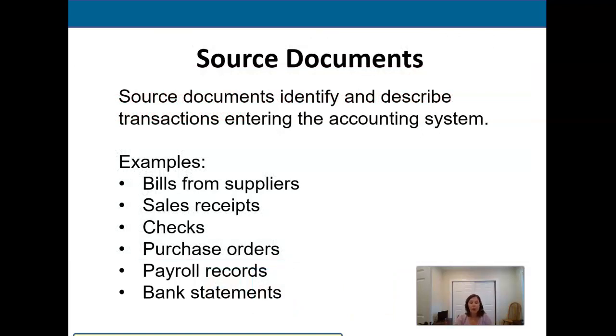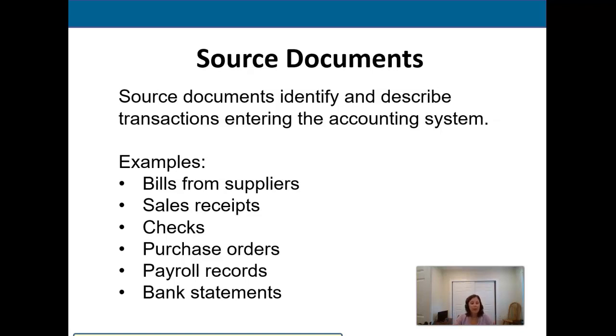These are things that you have probably seen throughout your life, throughout your day, maybe even today, but didn't really think of them in terms of being a source document. So these are bills, receipts, checks, purchase orders, bank statements, payroll records, anything like that.